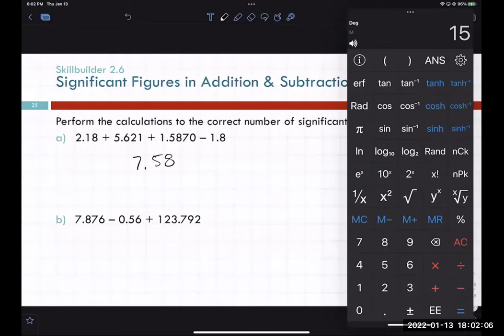That's enough because we have 1 decimal place. So if it was 7.58, we drop everything past that first decimal place, but we round that up to 7.6 because the next digit is an 8.